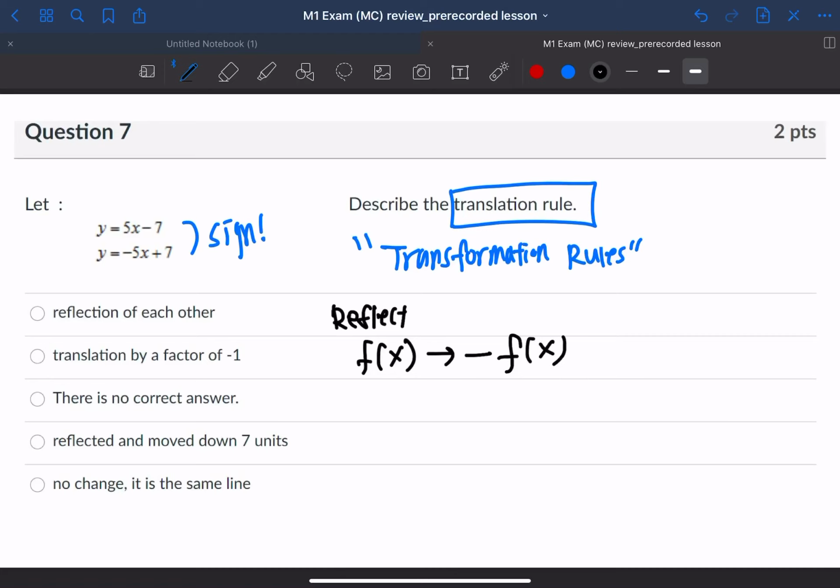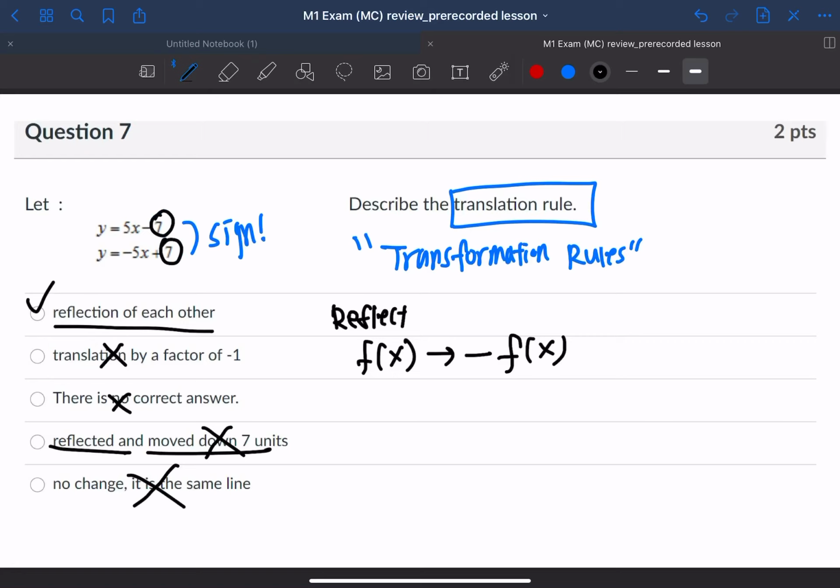It doesn't matter if it's the x-axis or y-axis in this case, because in the choices, they didn't really talk about the x and y-axis. So the first one, reflection of each other, will be your answer. There's no translation. There's a reflection, but we didn't move down because the numbers are the same. So the first one, reflection of each other, is definitely your answer.